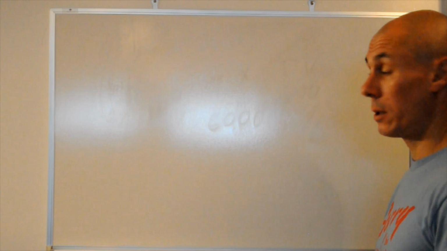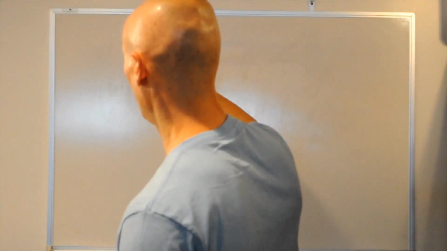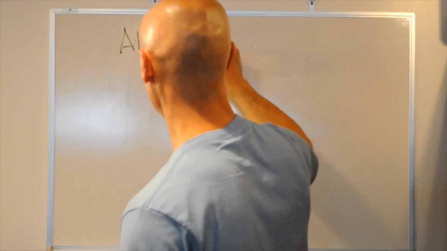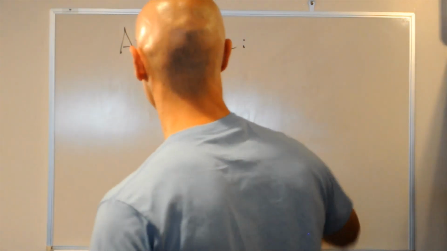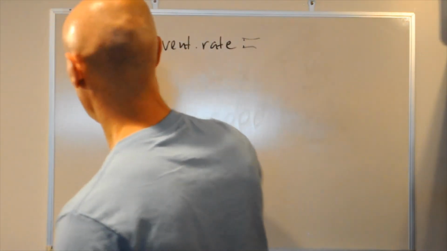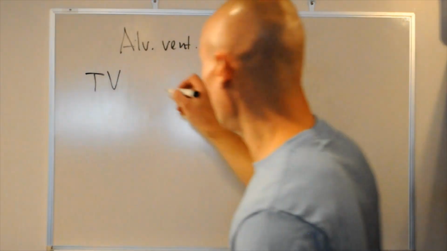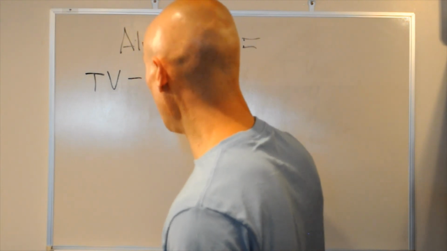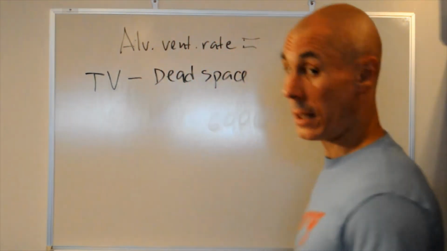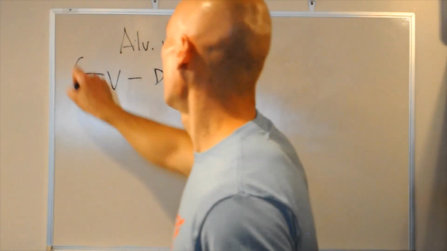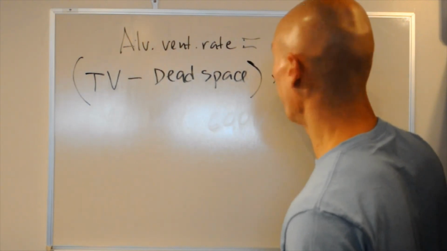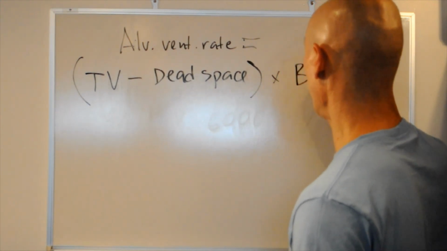Okay, now, what is alveolar ventilation rate? In alveolar ventilation rate, we take tidal volume, subtract the dead space, both anatomical and physiological dead space, and multiply it by breathing rate.